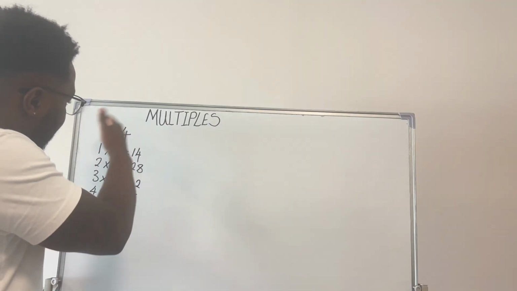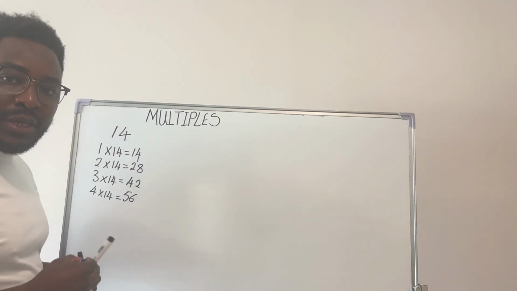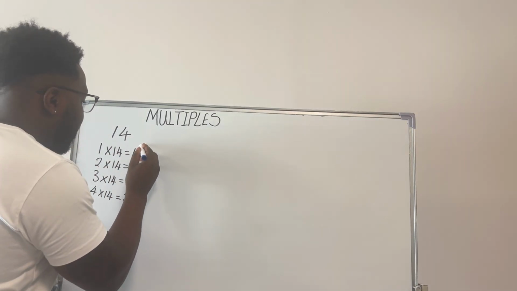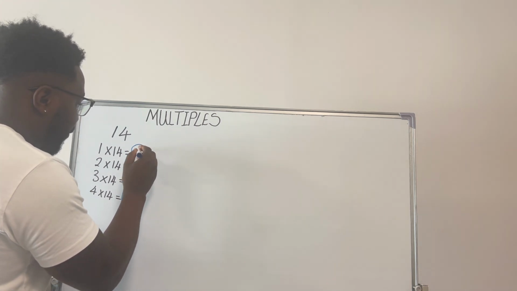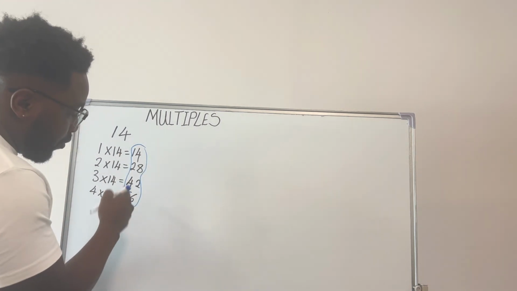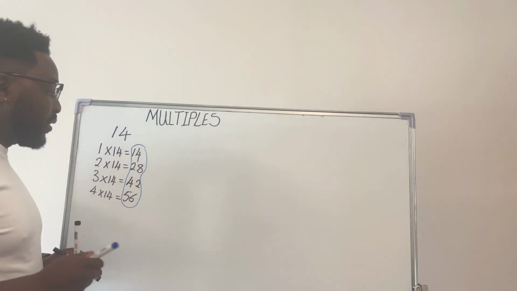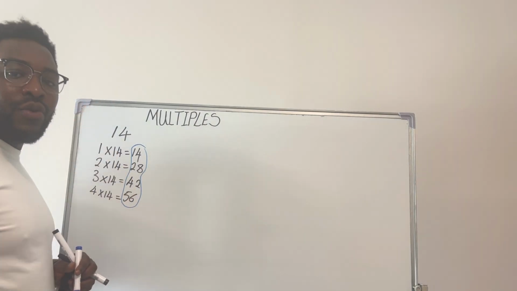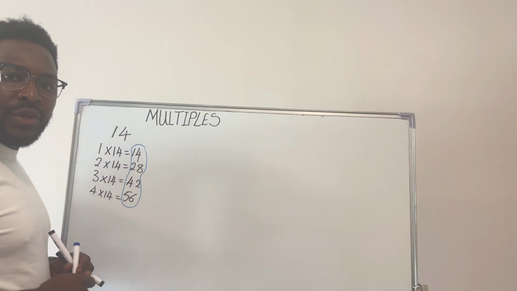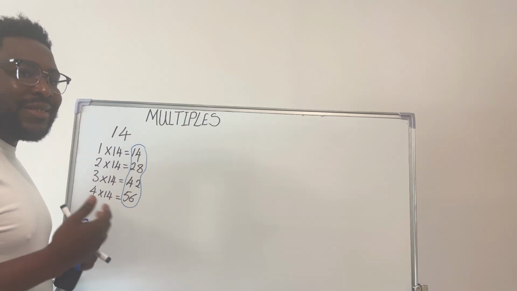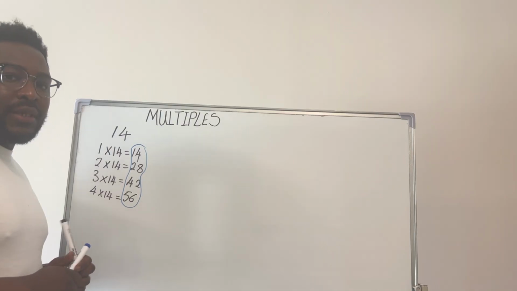So in this example, we can say that these first 4 numbers that we're seeing here are the first 4 multiples of 14. So then what is it that we are saying exactly?